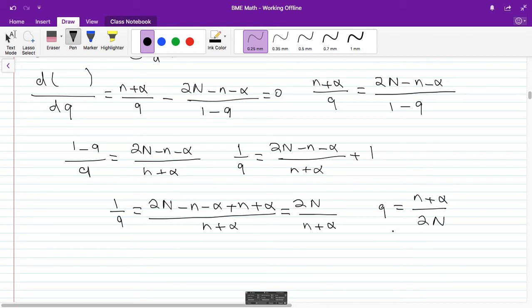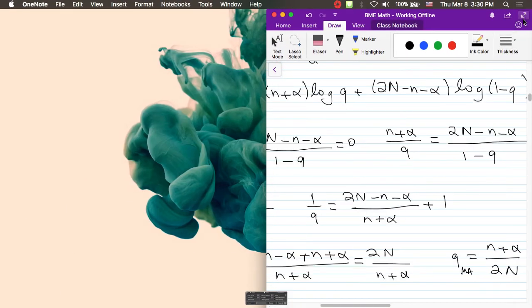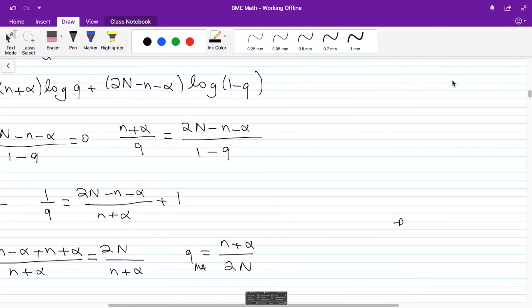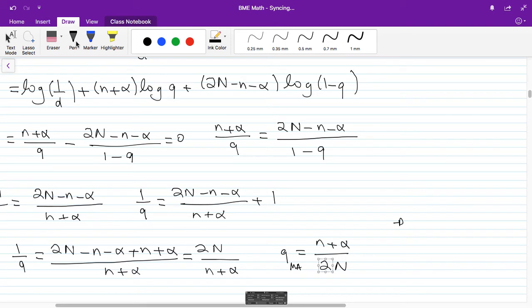So let's see, what did we just do? This is my MAP estimator. Let's see what it means. It says your best estimate of q is the number of times that you got x equal to 1, plus alpha, divided by 2N. Why?